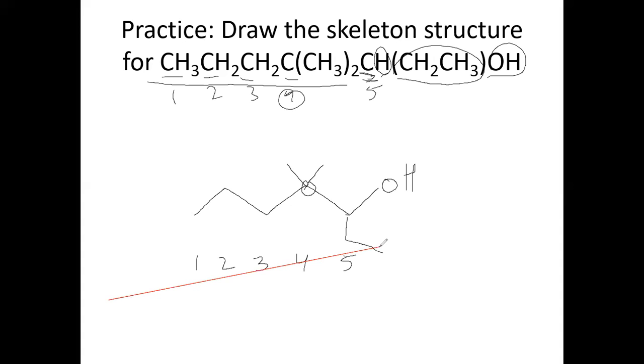Are the H3 coming off both of the carbons? Yeah, because when it says CH3 and you have this 2 outside, remember that tells you how many of those you have.